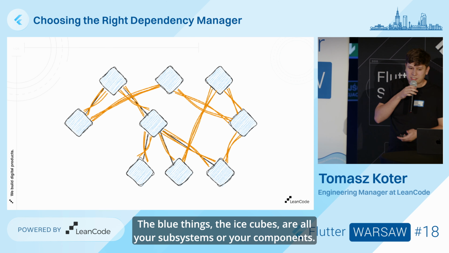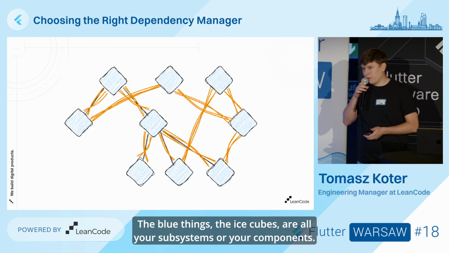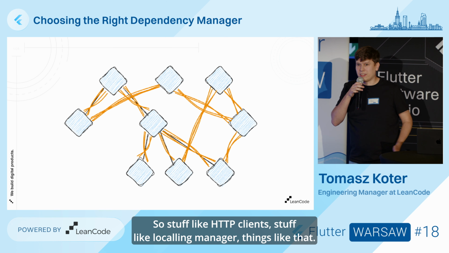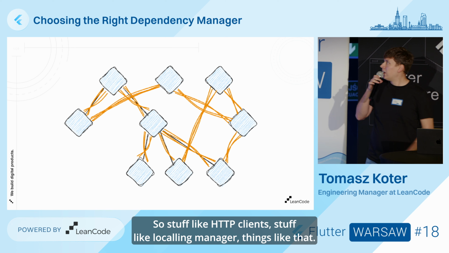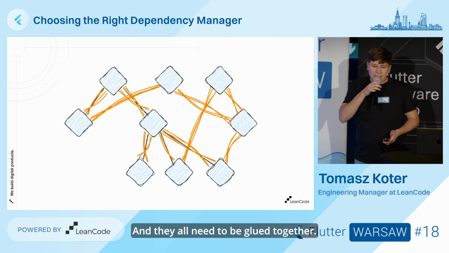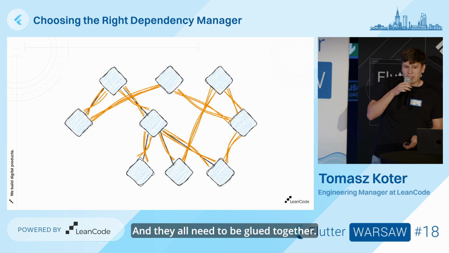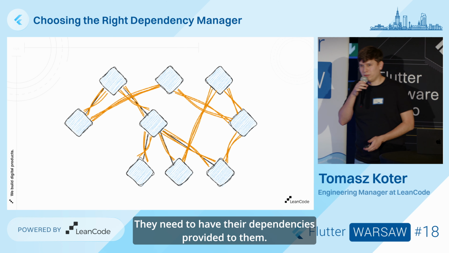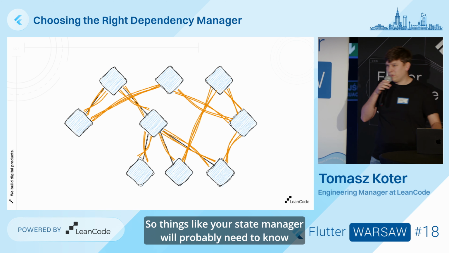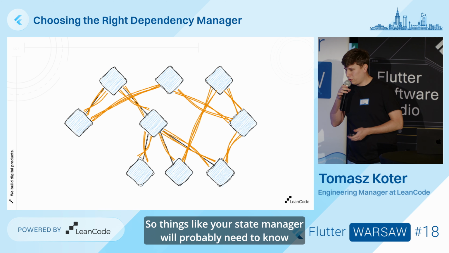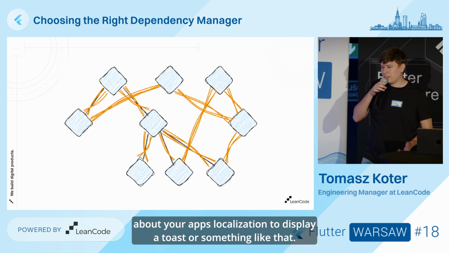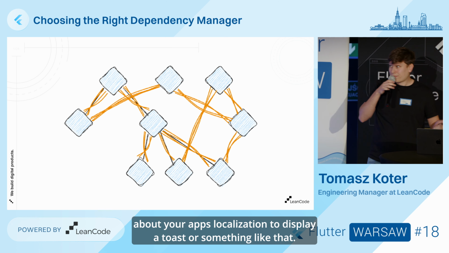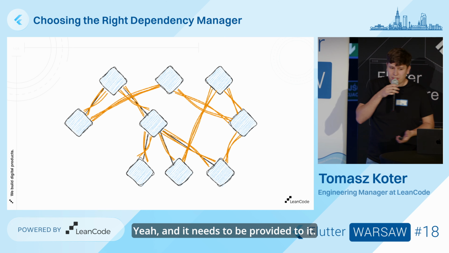The blue ice cubes are all your subsystems or components, stuff like HTTP clients or a localization manager. They all need to be glued together and have their dependencies provided to them. Your state manager will probably need to know about your app's localization to display a toast, and it needs to be provided to it.